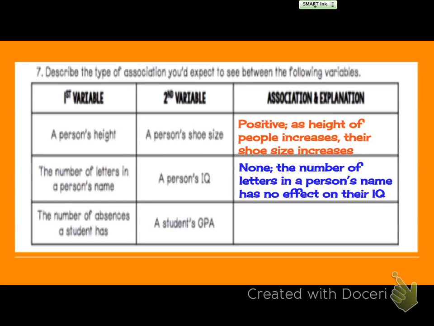Let's see, Orion only has 4 letters, right? So if you use that association, is that saying that he has a low IQ? No. Okay, so that's no association. So what about the number of absences a student has and their GPA? Negative, yes.